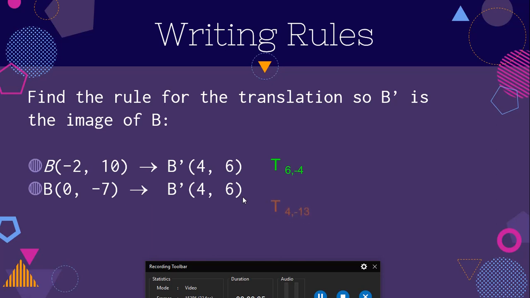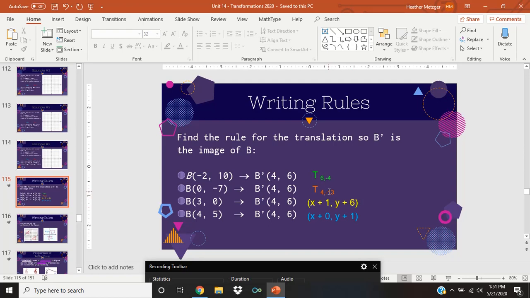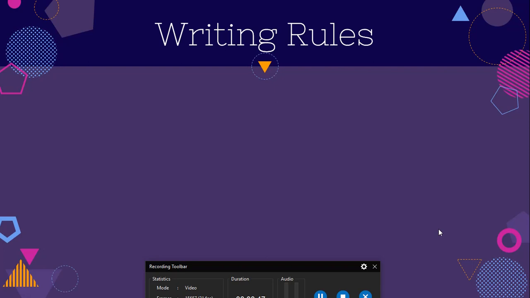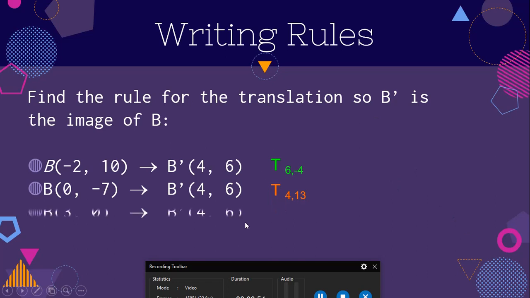So that's 13. And that should actually be +13. We're going to fix that right now. +13.